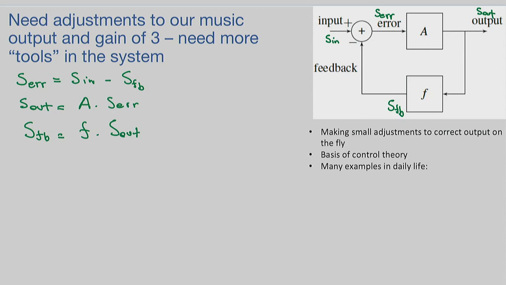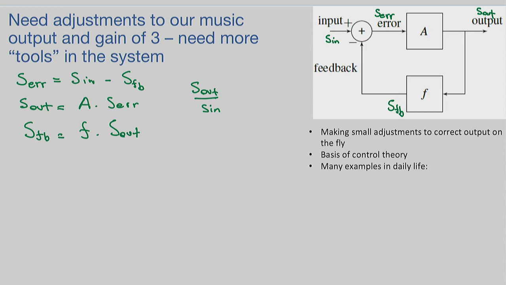We had the nice music. We want a signal out that's still nice music but loud. That's the problem that we have. So what we want to achieve is a relation between signal out over signal in.